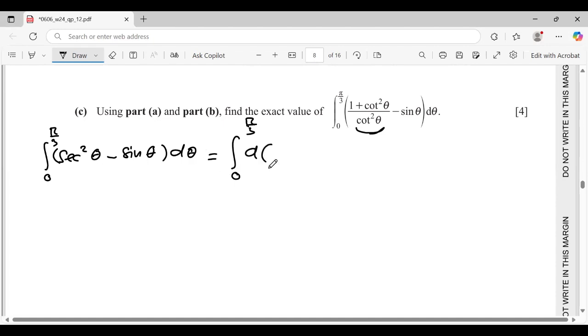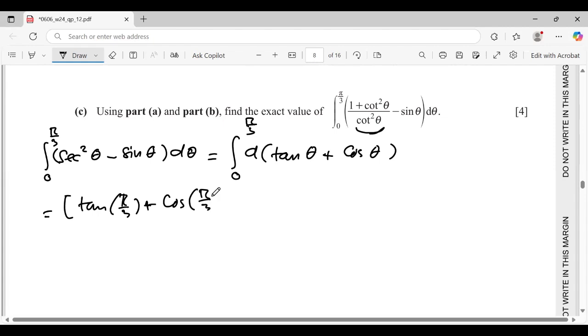The integral of this integrand is tangent theta plus cosine theta, because minus sine becomes minus cosine, so it becomes plus cosine here. After that, substitute pi over 3 and 0. You substitute, it becomes tangent pi/3 plus cosine pi/3 minus tangent 0 plus cosine 0.